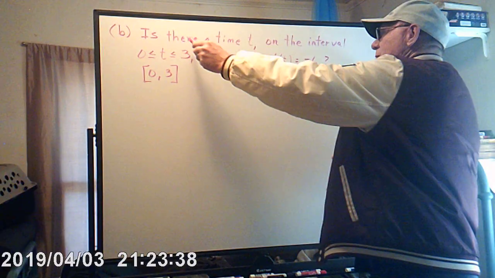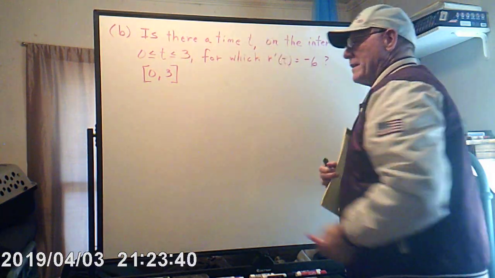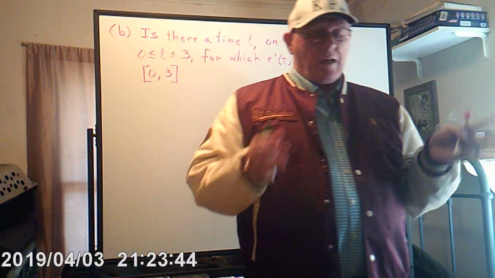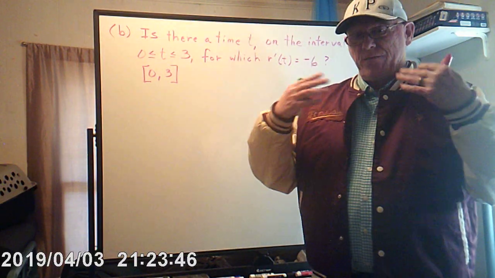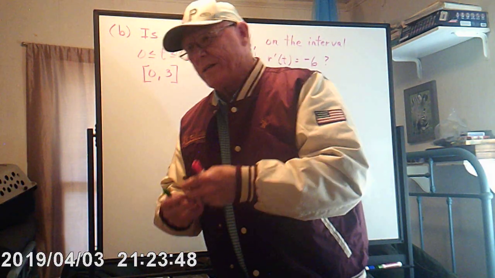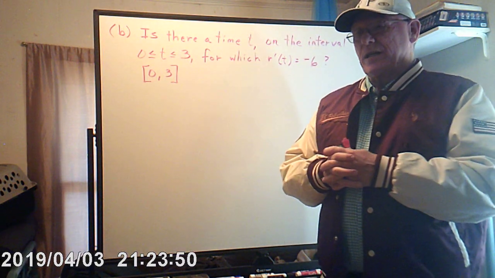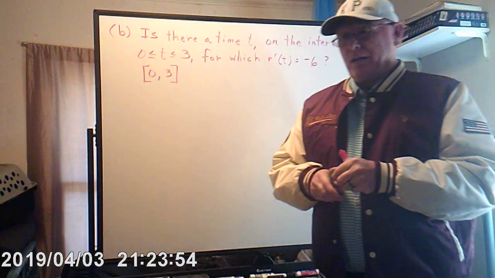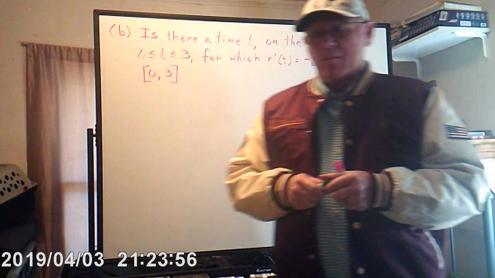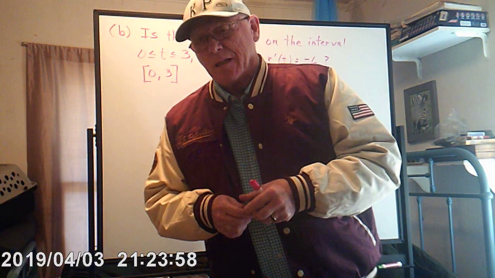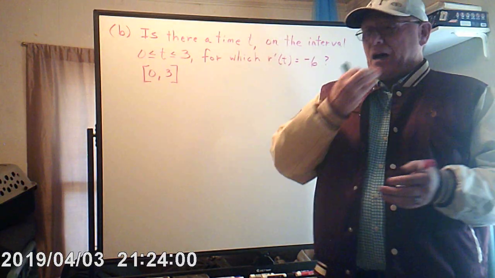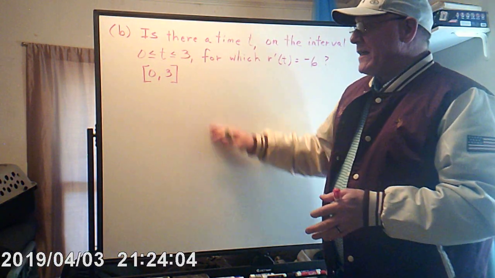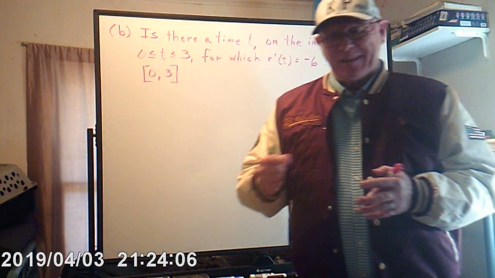Anytime you see that, sometimes you're looking for the mean value theorem, but in this particular case, we're looking at the intermediate value theorem. And then, of course, there is the extreme value theorem. And so maybe what I'll do is do a lesson where we're doing all three of these, so we can get a good understanding.